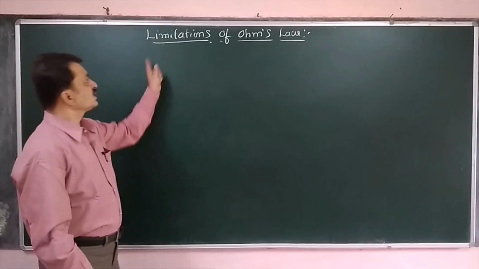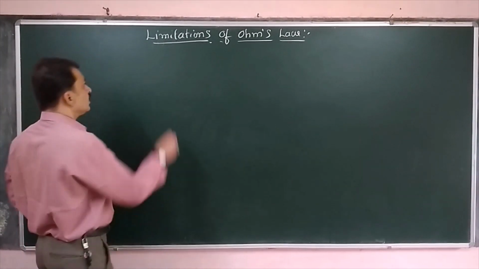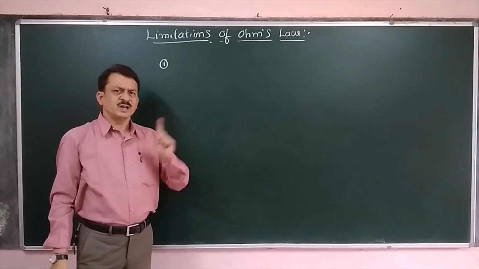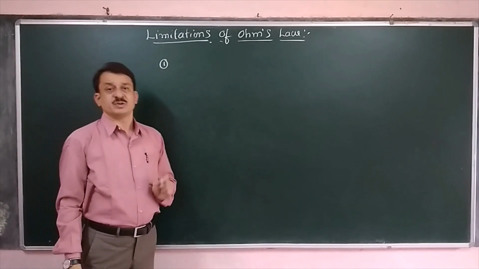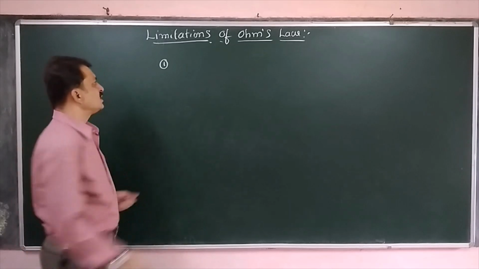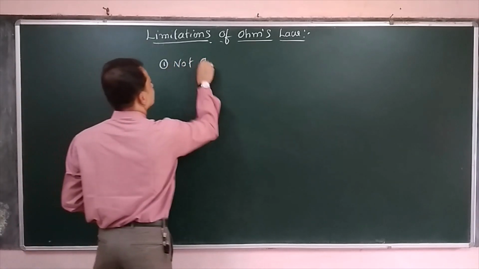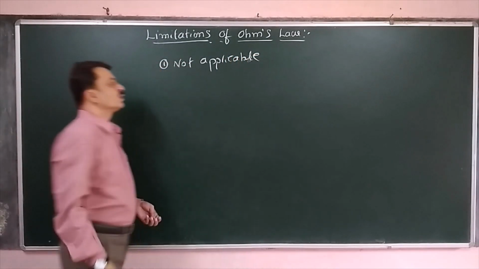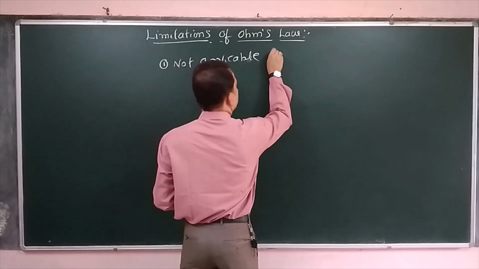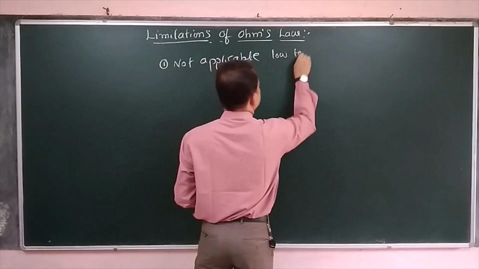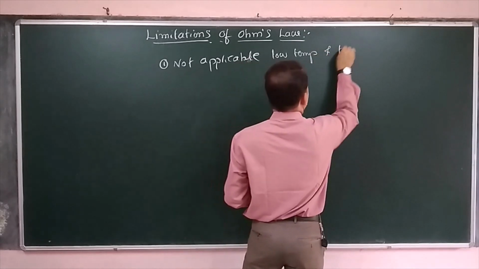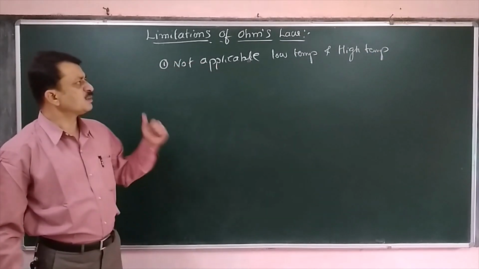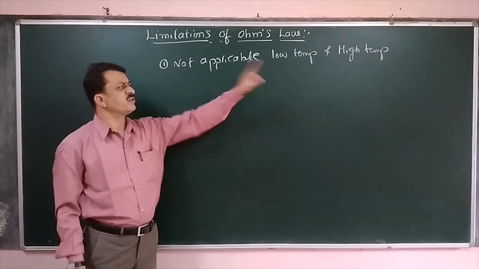Now we study the limitations of Ohm's law. The first limitation of Ohm's law is that it is applicable only for a moderate range of temperatures. That means it is not applicable at very low temperatures and very high temperatures.